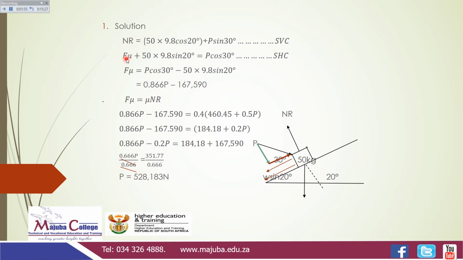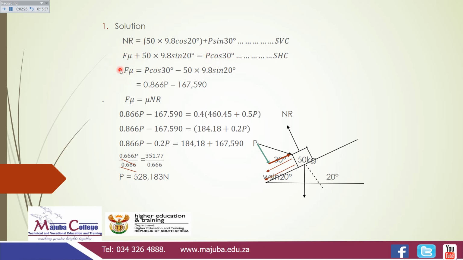And for your frictional force, or for the parallel forces, that we take as the horizontal component, your Fu, which will be your frictional force, plus W sine 20, which will be equal to 50 times 9.8 sine 20, will be opposed by this force. And this force will be equal to P cos 30.